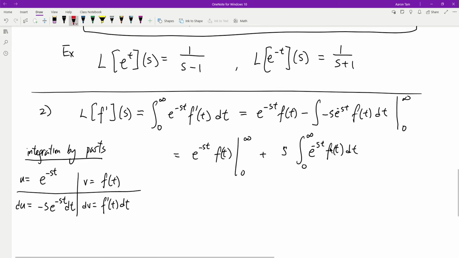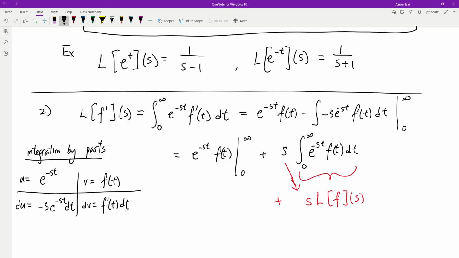So this thing right here is actually just L of f of s. And therefore, I'm going to bring down the s and keep the plus sign.